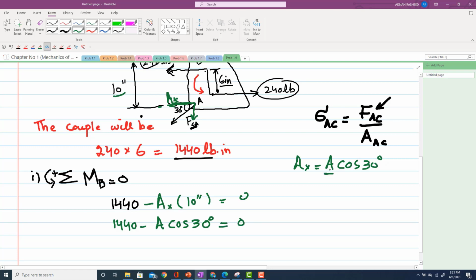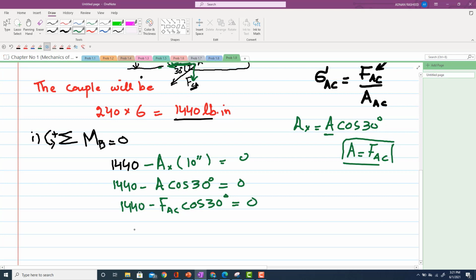Now this A is actually the point A, and the force that will be presented as A is equal to FAC. So let me change the terminology. A is equal to FAC. So 40 minus FAC cos of 30 degree is equal to 0.